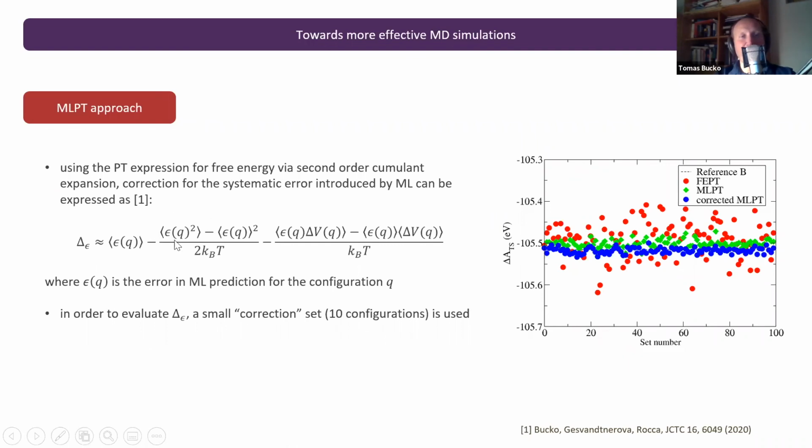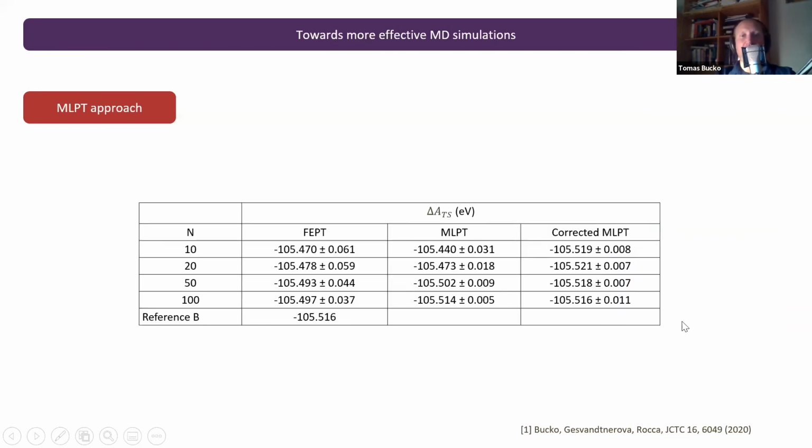So we are able to express a correction for this systematic error. To do so, we need to define a small correction set on which we evaluate errors for individual configurations. This is the mean error, root mean square error, and some covariance. And using this correction, we can get pretty close to the reference line.